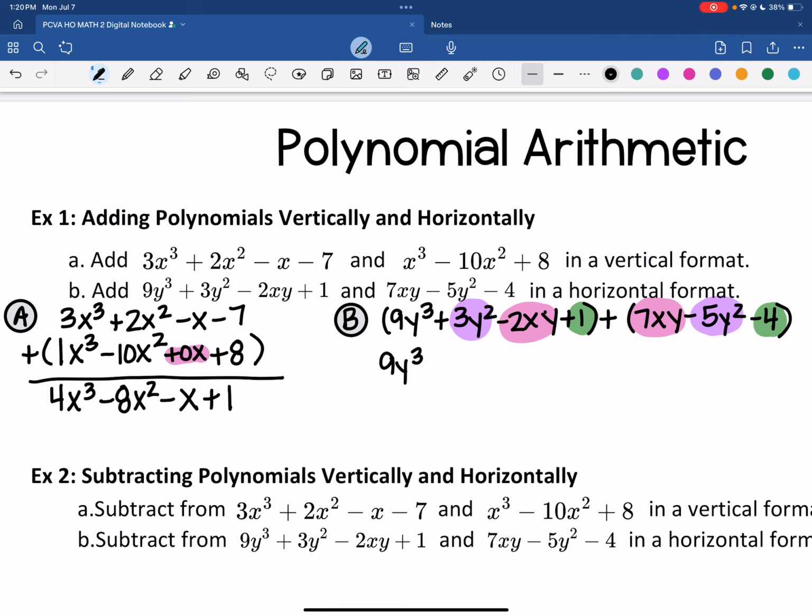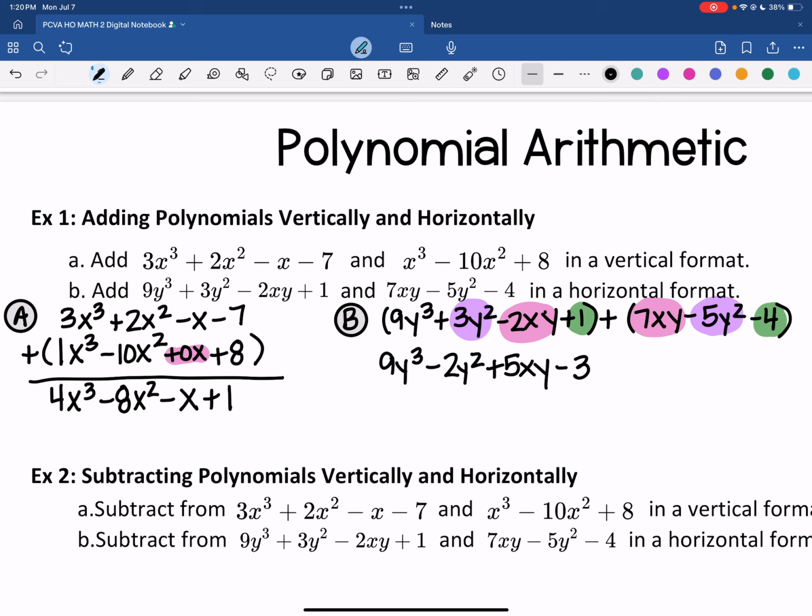And then I have 3y squared and negative 5y squared, so that's going to give me negative 2y squared. Negative 2xy and 7xy is going to give me 5xy. So remember, when you combine like terms, you're only actually combining the number, the coefficient in front of the variables. And then minus 3.